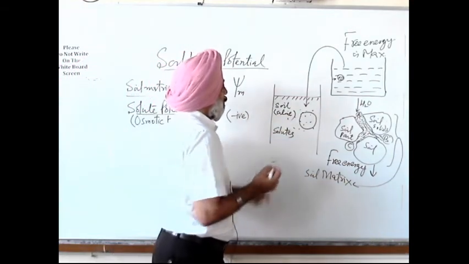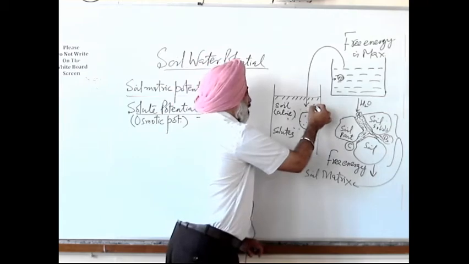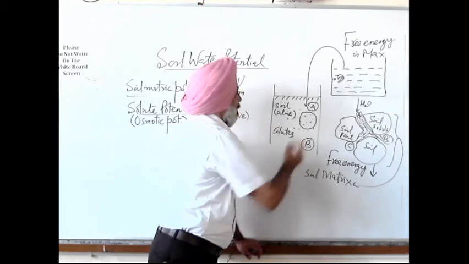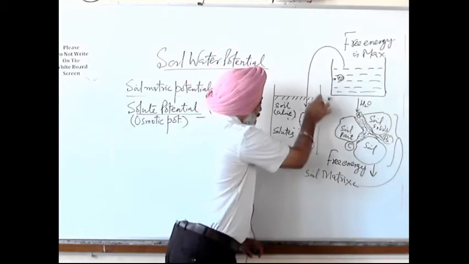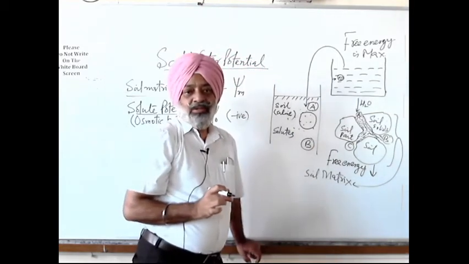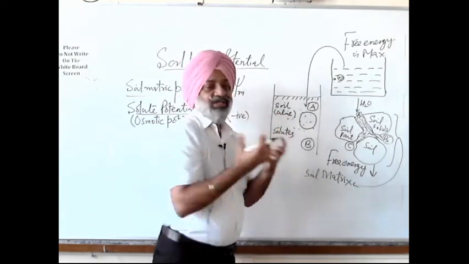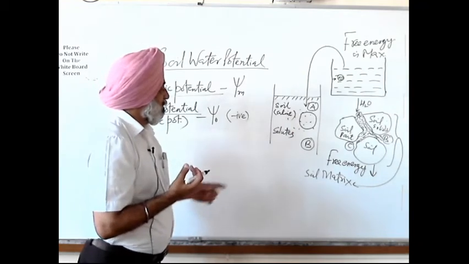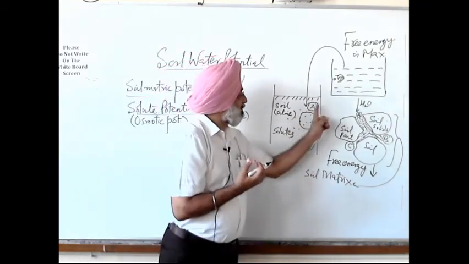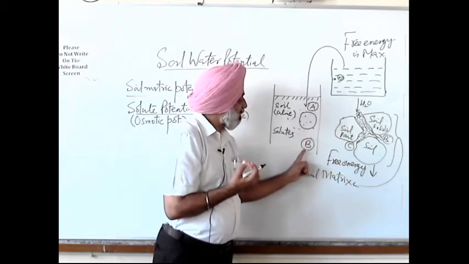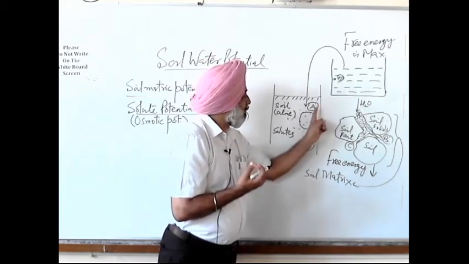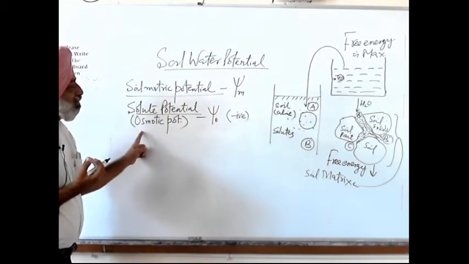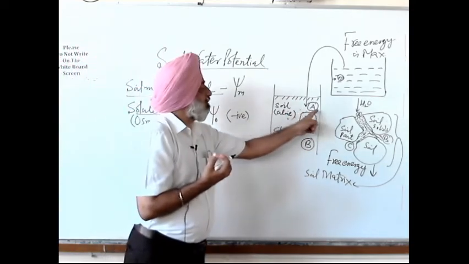Third thing, it depends upon whether the water is present at A or whether the water is present at B. Now because this is near the surface and this is at a deeper point, you know that everything is attracted by the gravitational pull of the earth. So naturally, if this is at a higher point and this is at a lower point, water will flow from A to B if the matric potential and solute potential of the 2 points are the same.